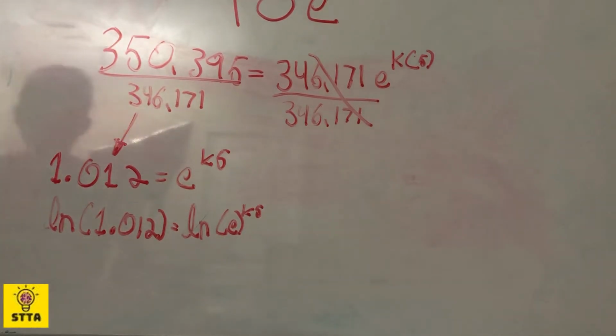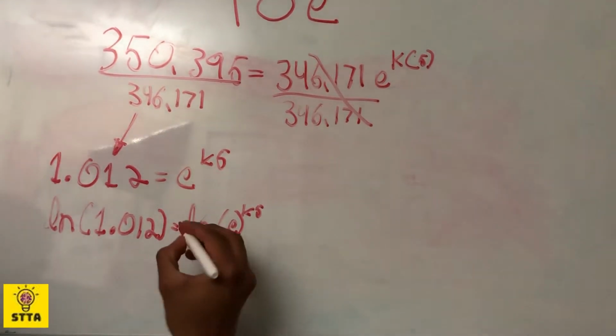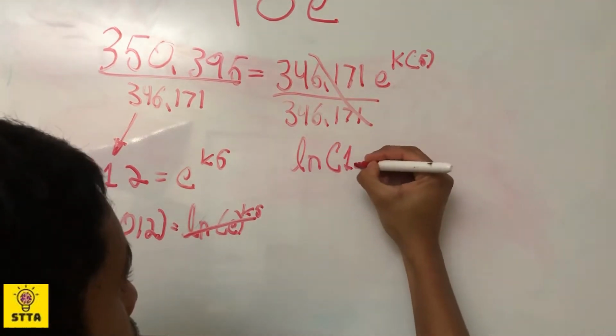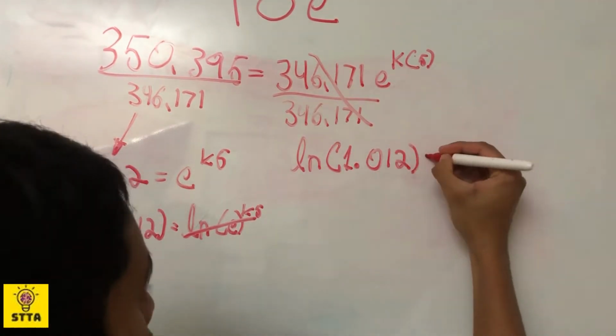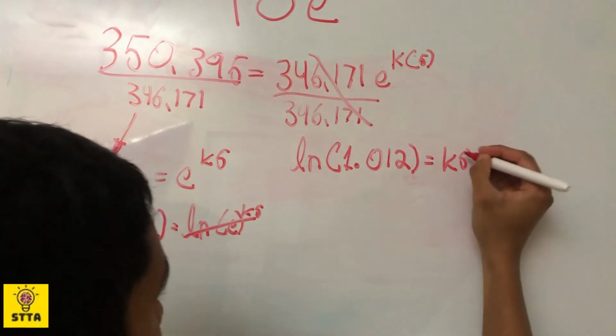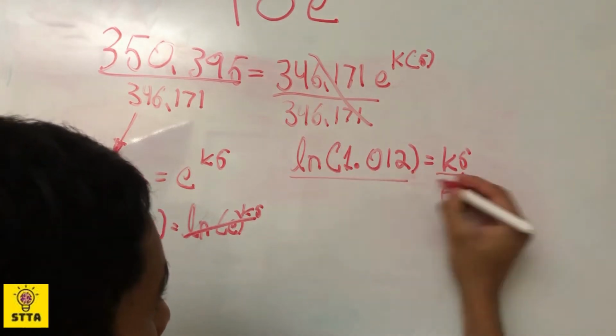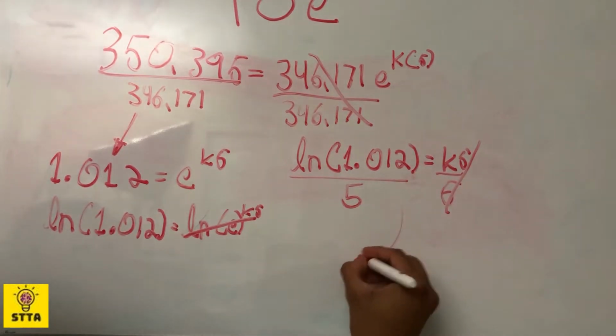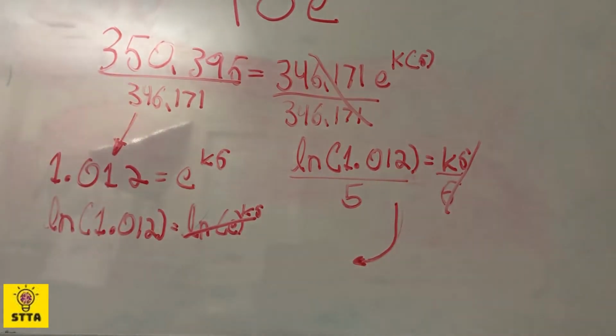Since the natural log of e is 1, both ln and e cancel out, leaving ln of 1.012 is equal to k times 5. And here the 5 is divided from both sides, leaving ln of 1.012 divided by 5 is equal to k.